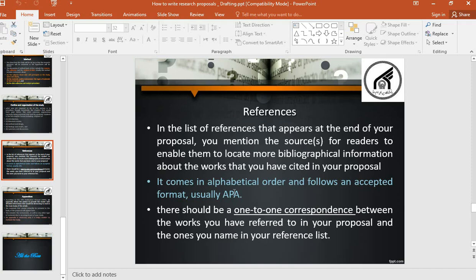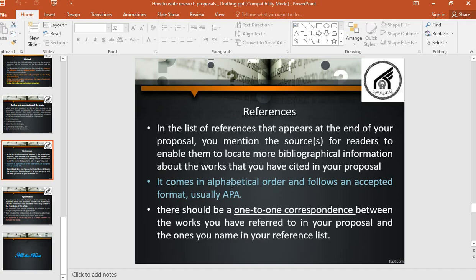It comes in alphabetical order and follows an accepted format, usually APA, okay? Don't forget to put them in alphabetical order. Alphabetical order of what? Of the names of the authors, right? So Anderson, for example, would come first, and Benjamin or Brown, for example, would come second. For books, the name of the author comes first, then the date, then the name of the book, and then the place of publication and the publisher.